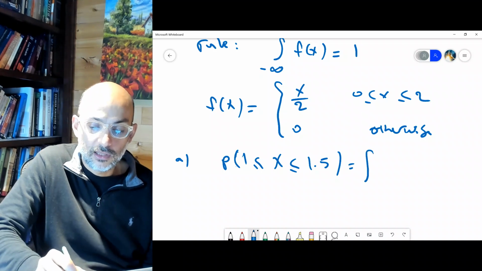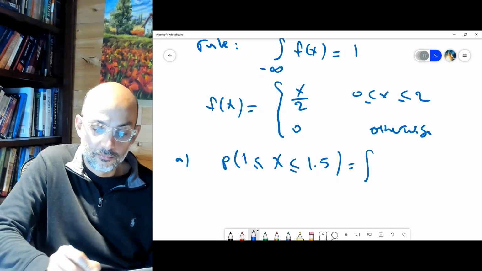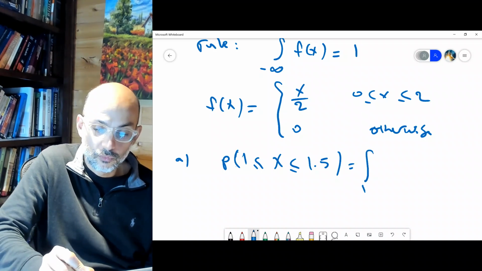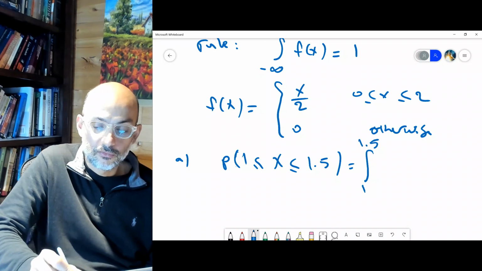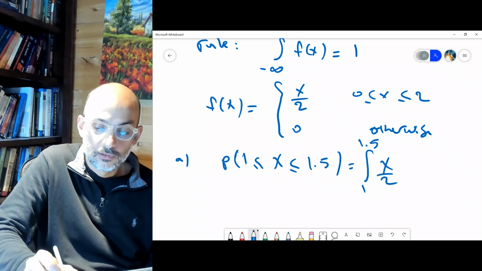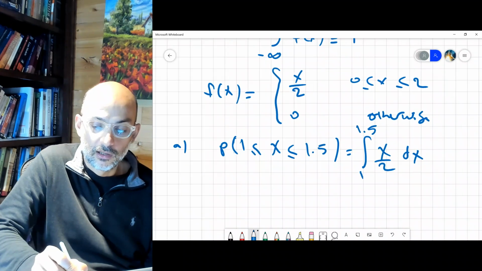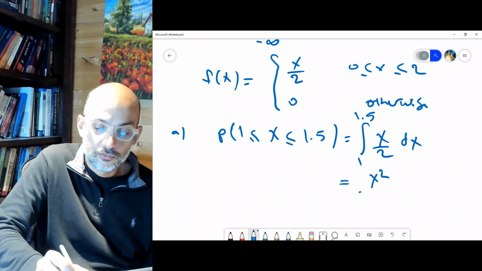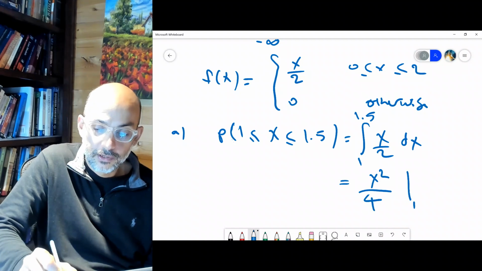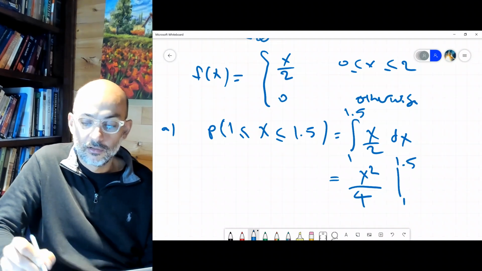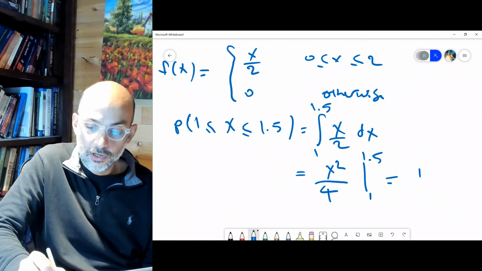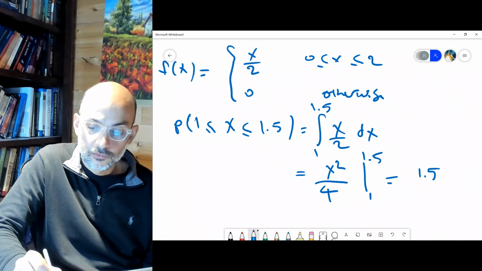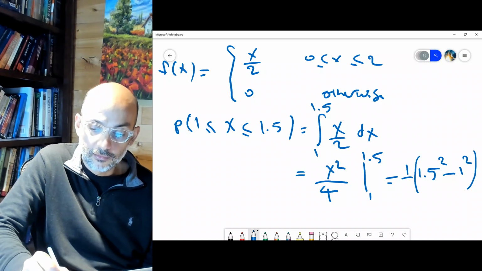We need to take from a to b, 1 to 1.5. We take f of x, x over 2 dx. Let's do the integration for this. So it's x squared over 4 from 1 to 1.5. So this will become 1.5 squared minus 1 squared, and everything divided by 4.